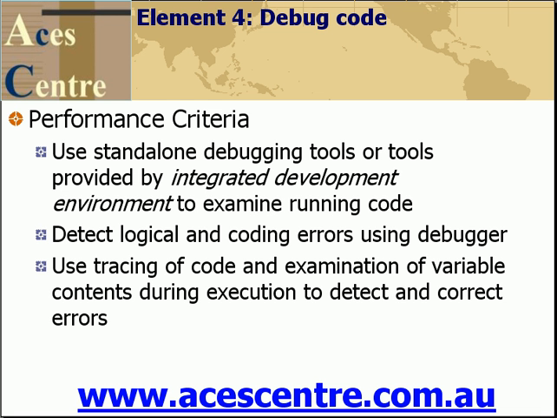Element 4. Debug code. This element contains the following performance criteria: use standalone debugging tools or tools provided by integrated development environment to examine running code. Detect logical and coding errors using debugger, and use tracing of code and examination of variable contents during execution to detect and correct errors.